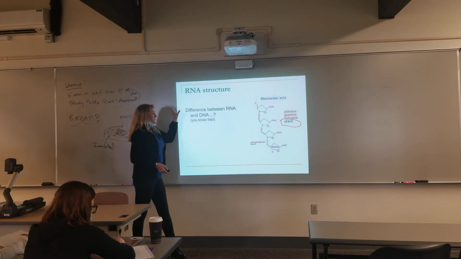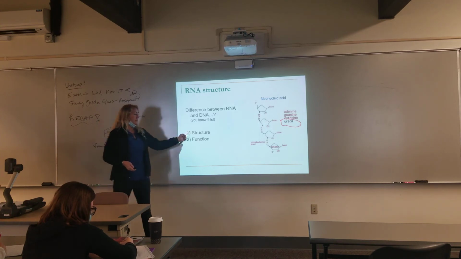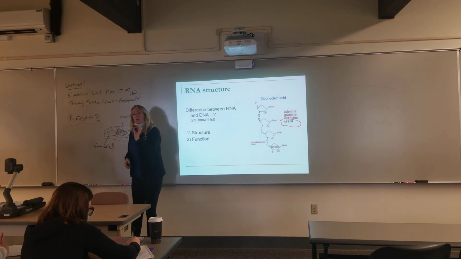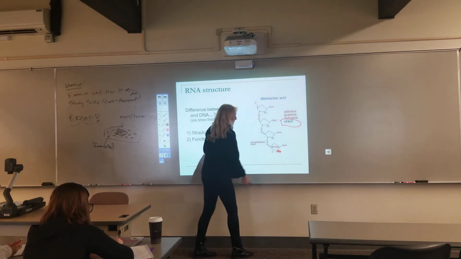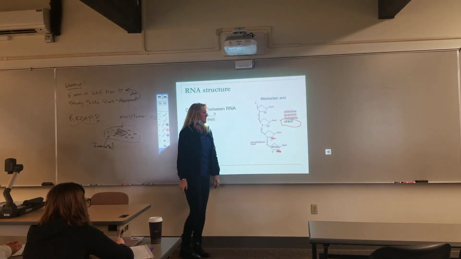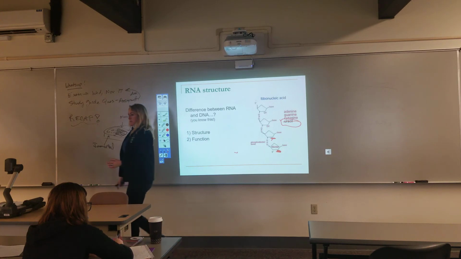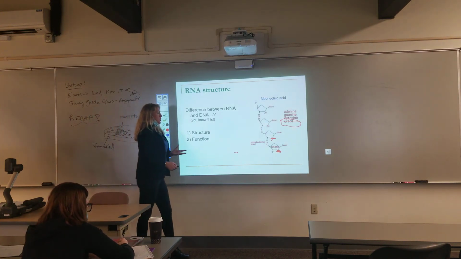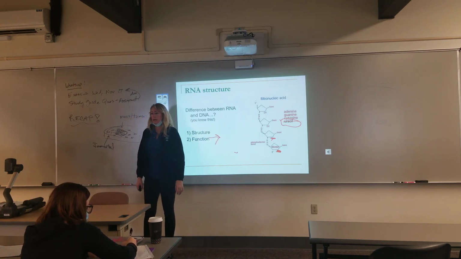So remember the differences between RNA and DNA structurally, and then also functionally. How are they structurally different? DNA is deoxyribonucleic acid. So a deoxy, we just get rid of that hydroxyl, and we turn it into DNA. As long as we don't have uracil, that's pretty much DNA, right? Sugar phosphate backbone with deoxyribose, the 5-carbon sugar. The function of DNA, someone tell me, what's the function of DNA?